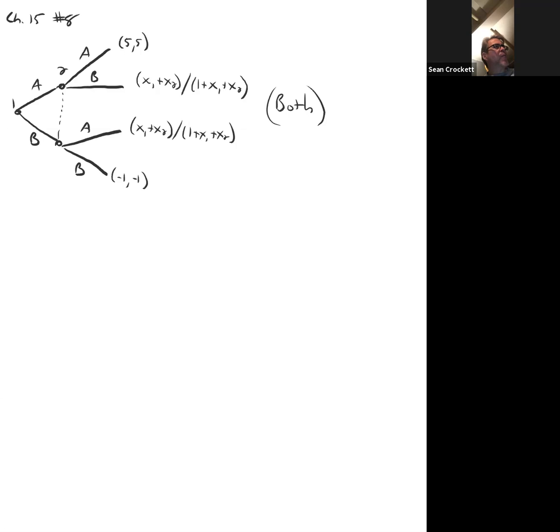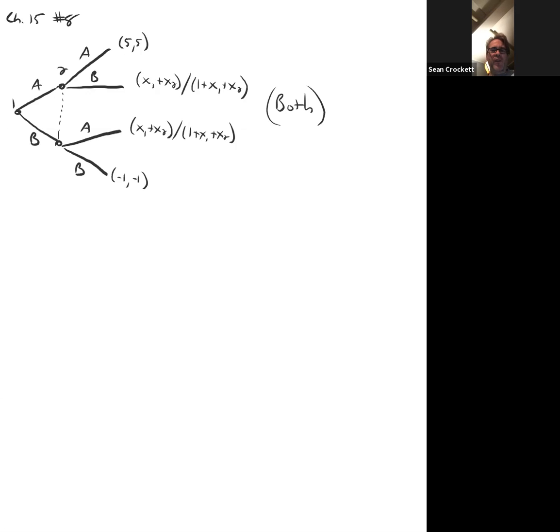In a subgame, well, let's start with C first. In a subgame perfect Nash equilibrium, that second stage, conditional on one playing A and one playing B, is going to have to be played in an equilibrium. So these choices of x1 and x2 are going to have to be equilibrium choices.